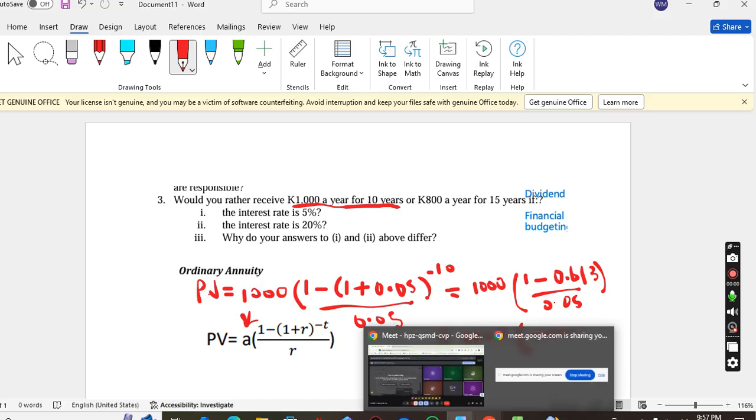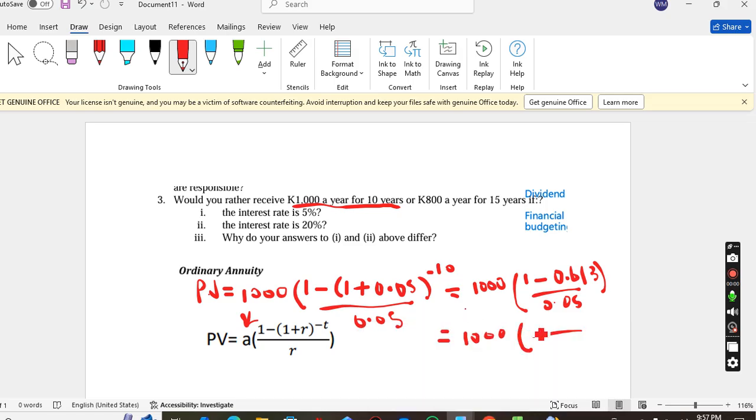Yes, 1 minus 0.613. Are we getting 0.387? Let me say 0.387 divided by 0.05, we get 7.74.